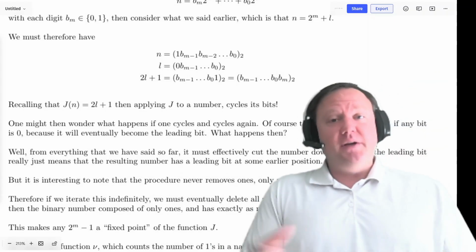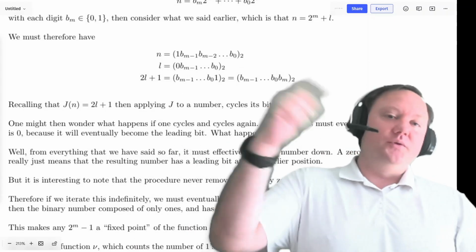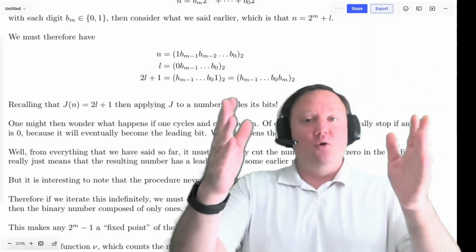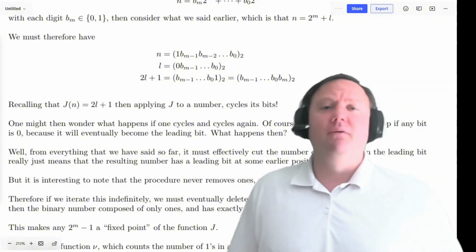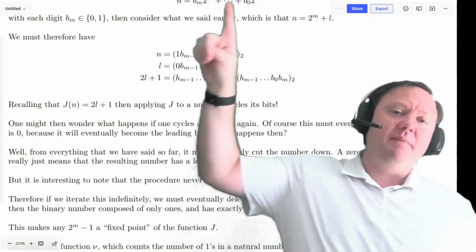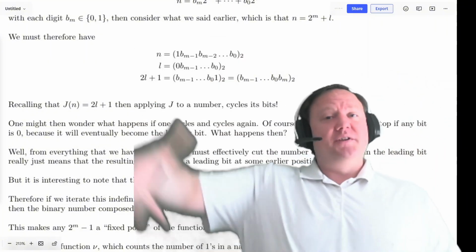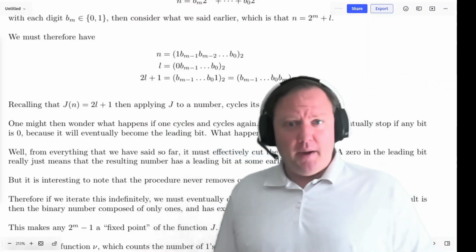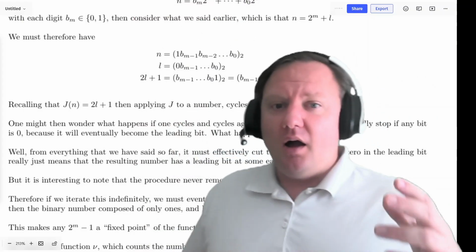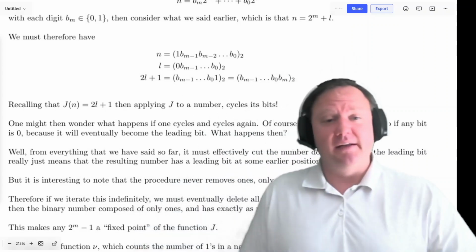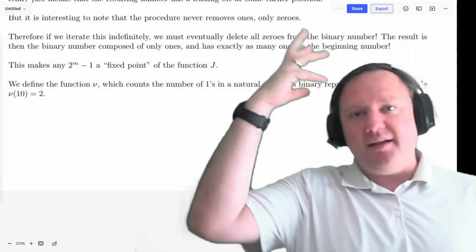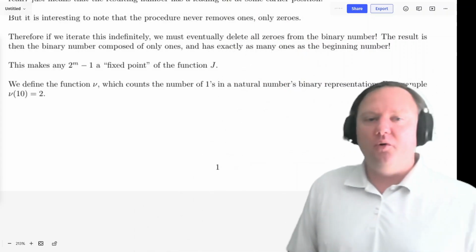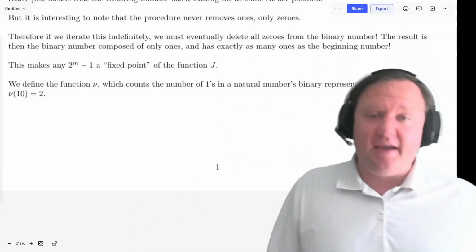That is to say, we'll reach a number that when you input the number, the result is the exact same number. It'll be when the number's bits are entirely composed of 1s, exactly the same number of 1s as was in the original number's binary representation, but this time with all of the zeros deleted out. Now, it is for this reason that we may want to give some vocabulary for the sorts of things that we've just encountered.